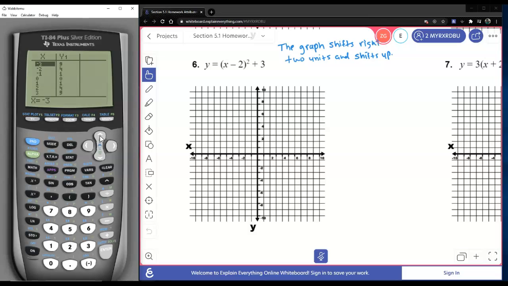So you have -3, 9. -2, 4. -1, 1, 0, 0, 1, 1, 2, 4, 3, 9, and I'm going to go ahead and graph the points. Try to do a smooth curve as possible.